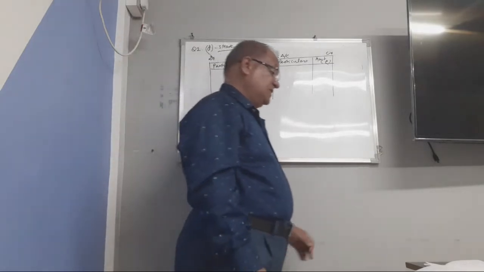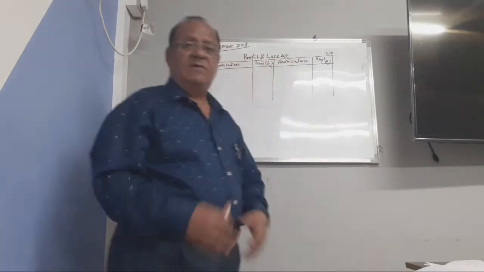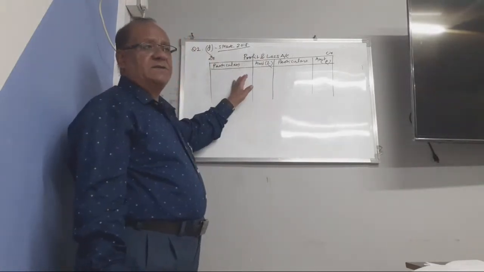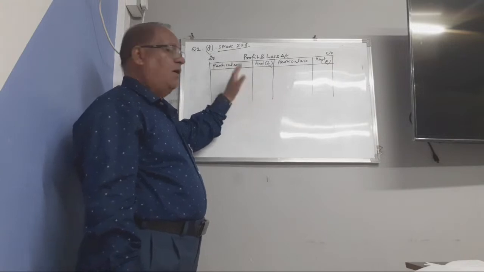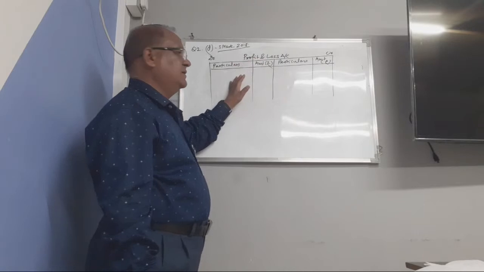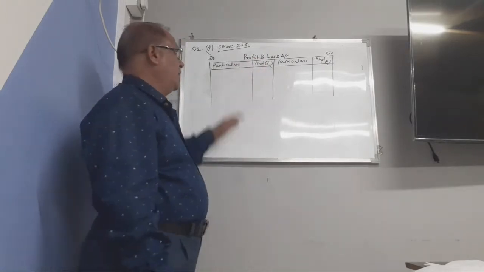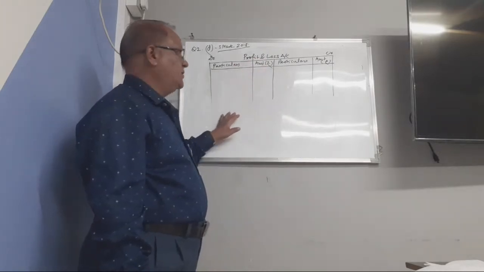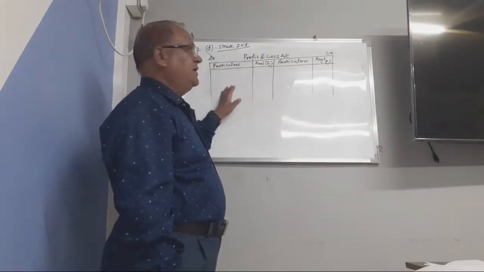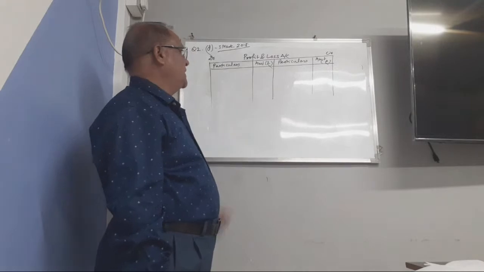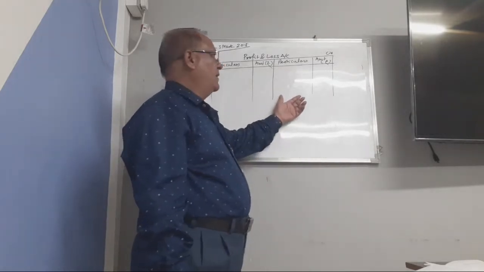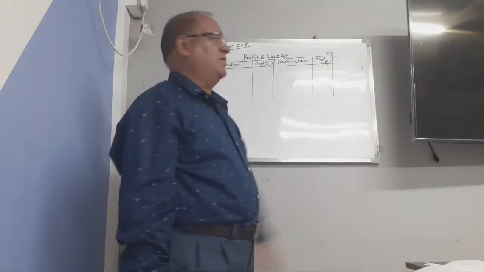Once again, the profit and loss account is a nominal account. All indirect expenses and indirect incomes are recorded here. All indirect expenses are debited, and all indirect incomes are recorded on the credit side.